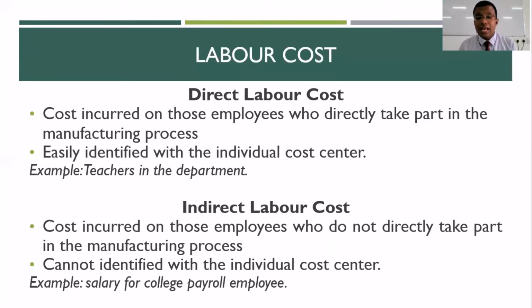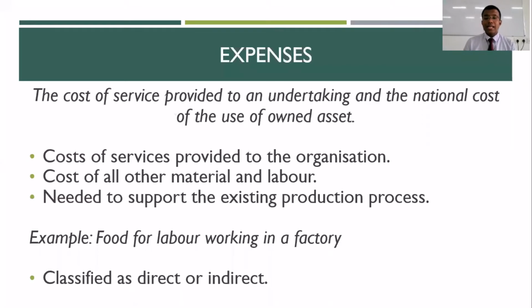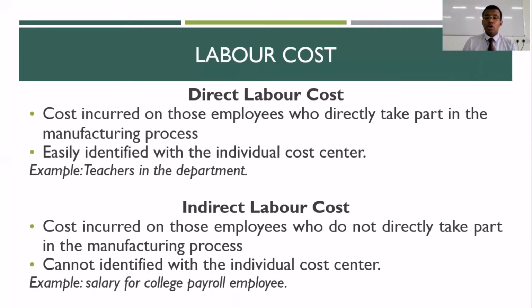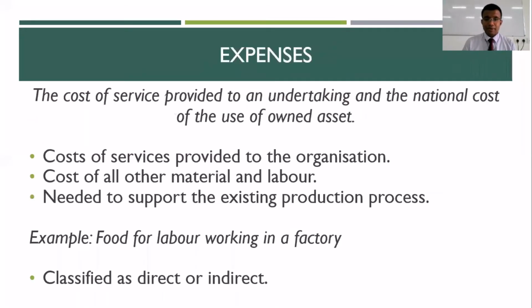So this compensation is called indirect labor. So labor refers to the compensation that you pay to your employees, and it could be of two types: direct labor and indirect labor.